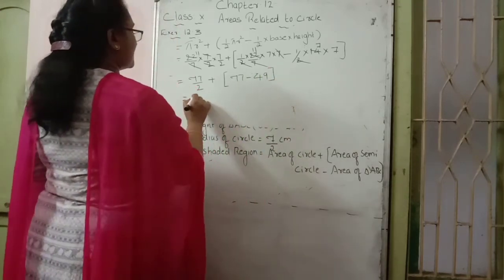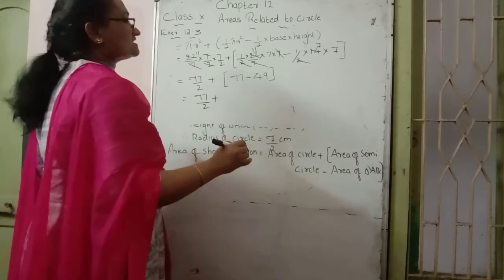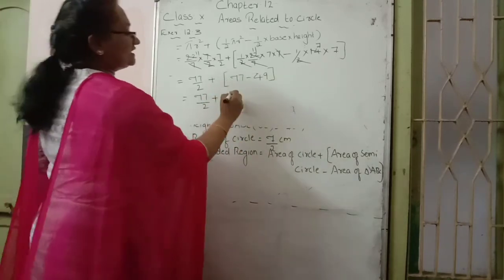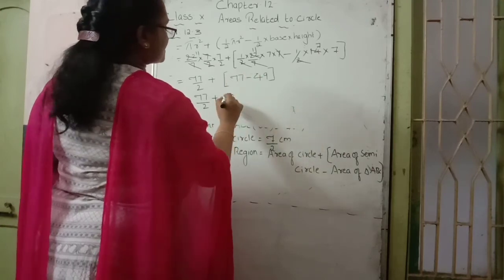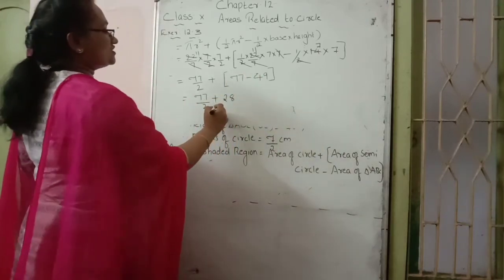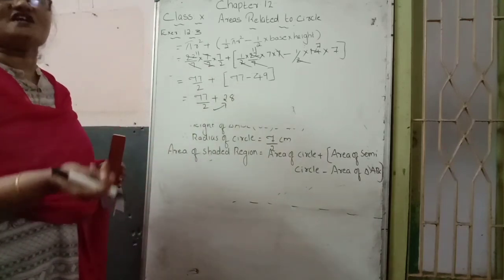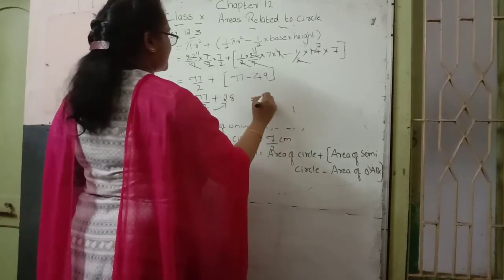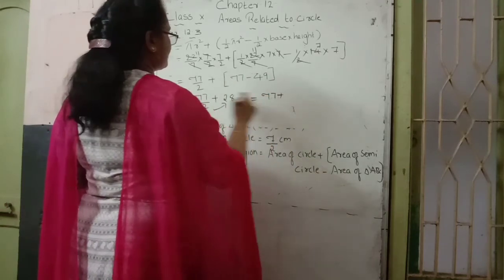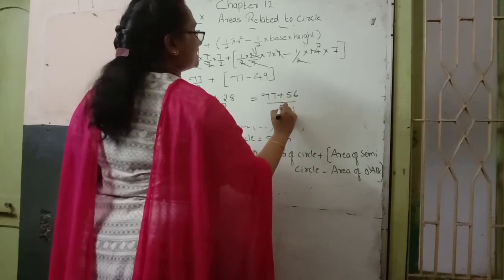49. Again calculation doing time, 77/2 plus 28. One is a fractional number, another is a whole number. What we want to do? Cross multiply. Cross multiply and how much will come? 77 plus 56, divided by 2.